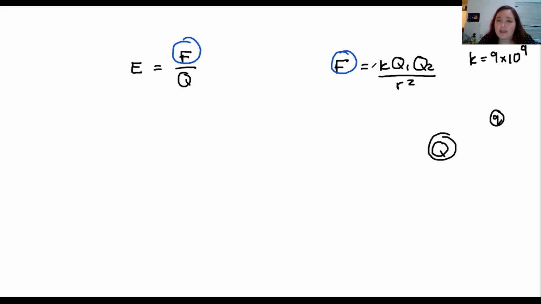Please note, technically, this charge is also creating a field that the big charge is experiencing. It's just my perspective where I'm choosing to make one experiencing and one creating. When we use this equation, this q here must be the charge that experiences the field, which means that according to what I've said here, this should actually be our little q.